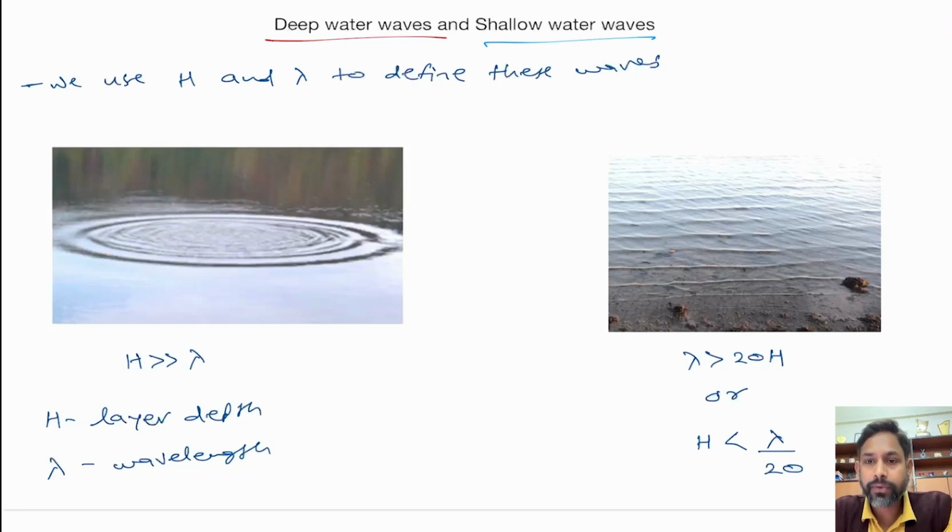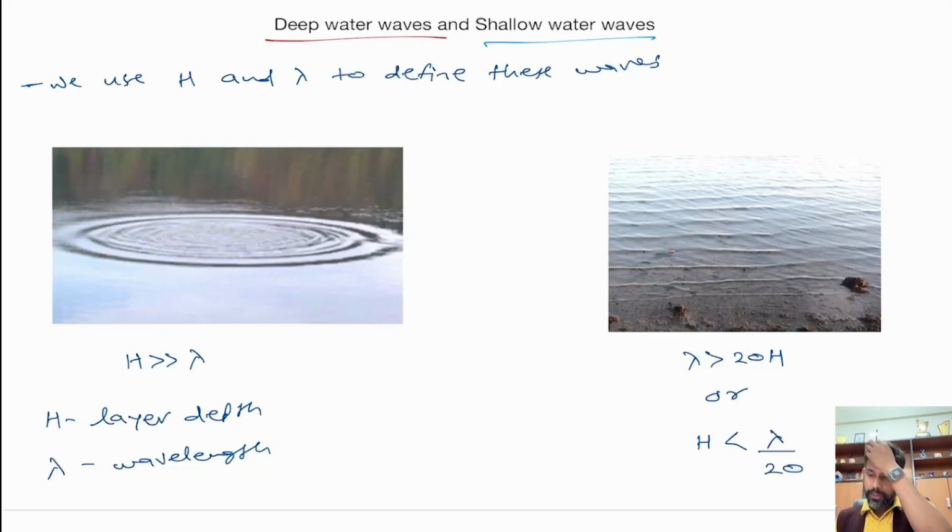And in these kinds of waves you usually feel the effect of the wave at the bottom as well, where the wave is created at the top but effects are felt also at the bottom. Whereas in case of deep water wave the effects are generally not felt at the bottom. Okay, so these are two different kinds of waves we have, and let's see how the equations that we derived are applied in these two cases.